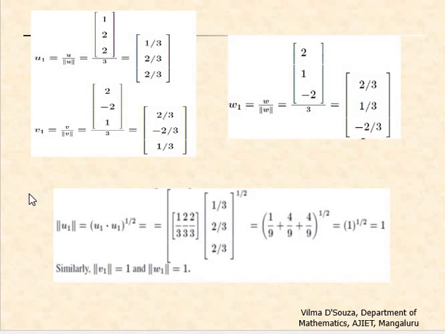The lengths of u1, v1 and w1 are each equal to 1. In that case we can say that u1, v1, w1 are an orthonormal set of vectors.